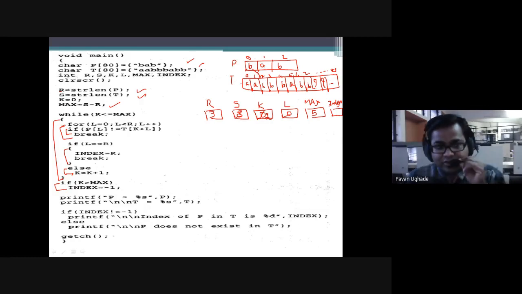Is it true or false, guys? P of 0 compared with T of 2, T of K plus L. False. Yes, it is false. B not equals B is false. So it will not break.